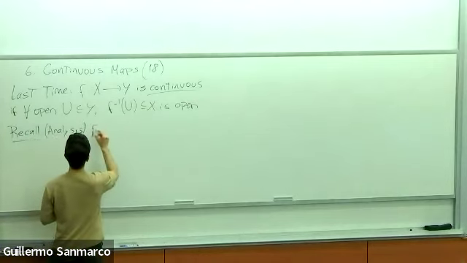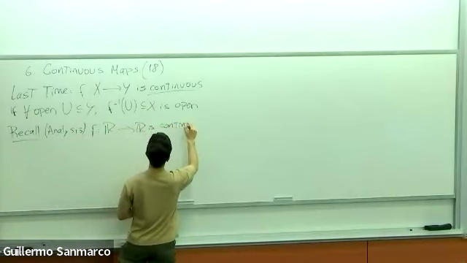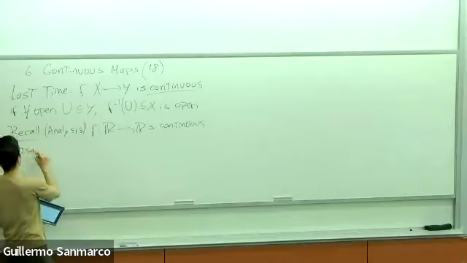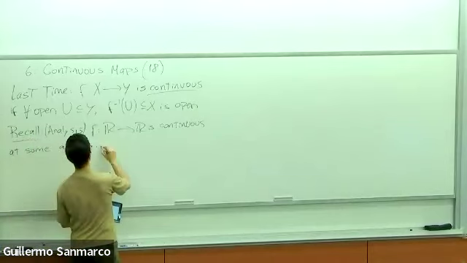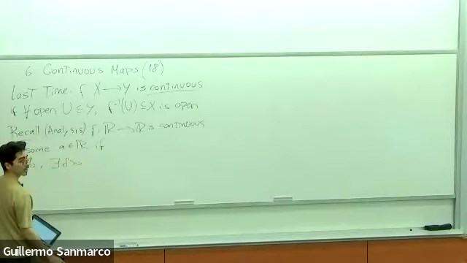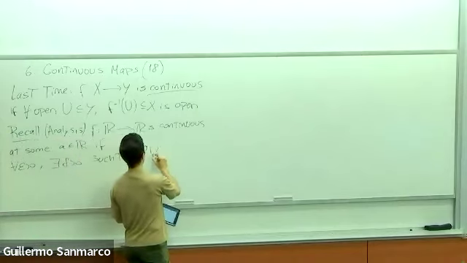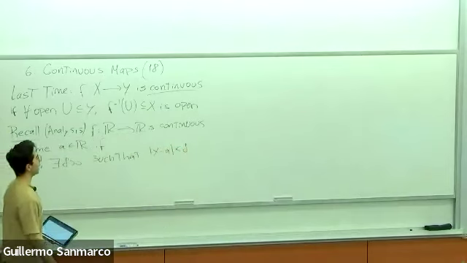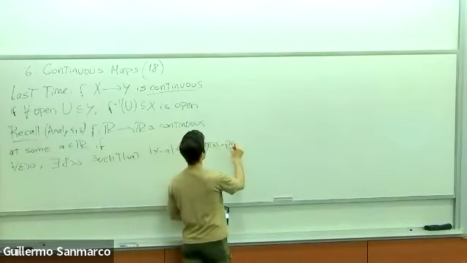Analysis. A function f from reals to reals is continuous at some point in the domain, let's call it a, if for every epsilon there exists delta such that if you have a point x which is a distance smaller than delta from a, then f of x is a distance at most epsilon from f of a.